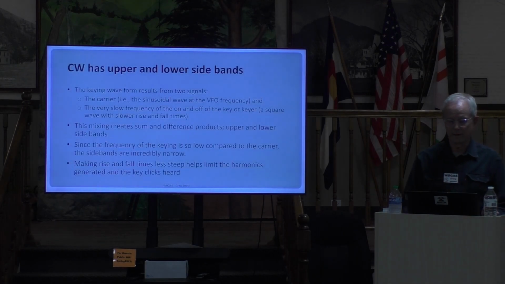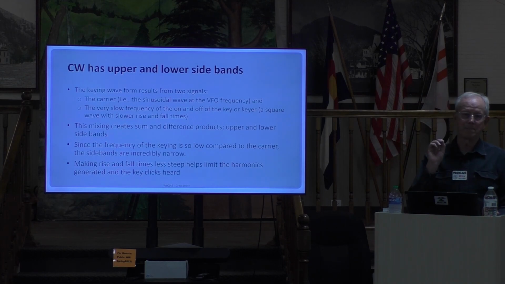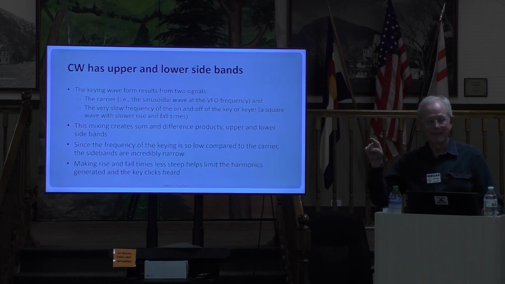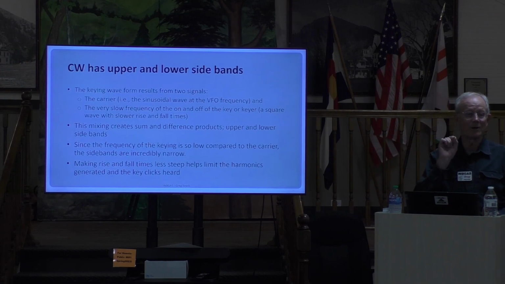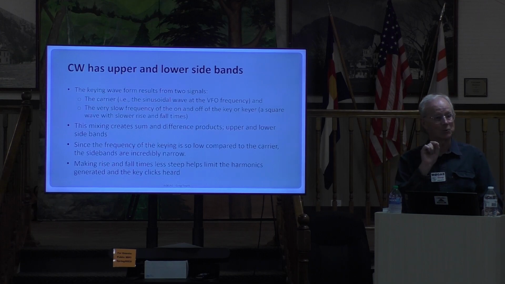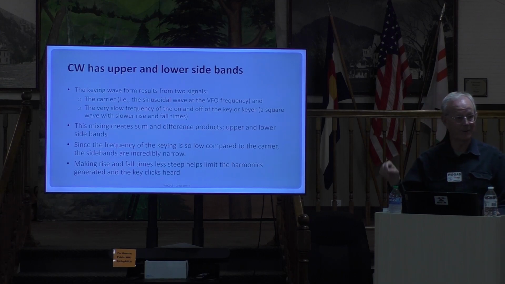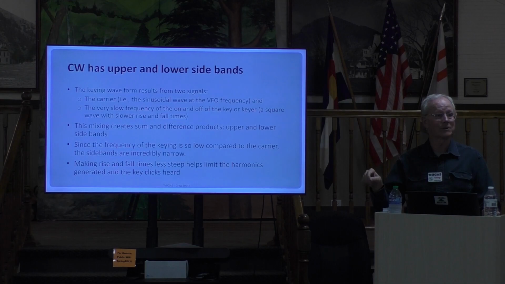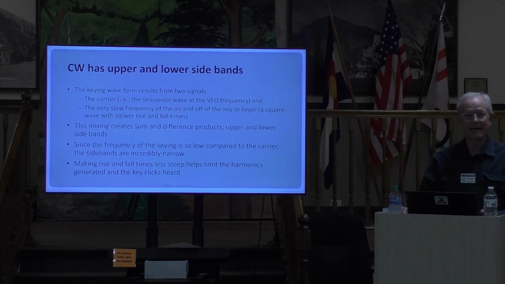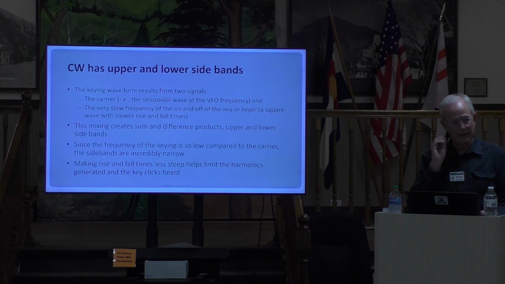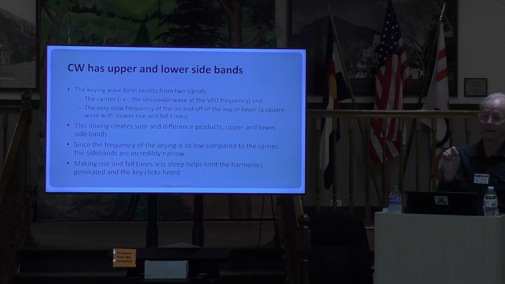Another way to look at this is that what you're doing is you are modulating that fixed frequency with a square wave at a very slow frequency. The square wave being generated by the down, up, down of your straight key or a key. Well, what this does, if you think of it in that way, you're creating mixing products, and you end up with upper and lower sideband.